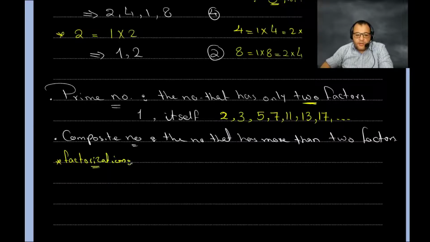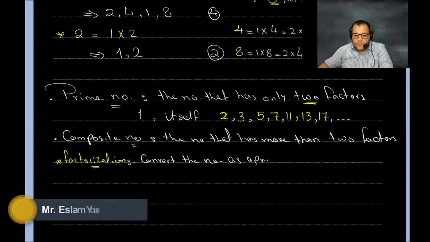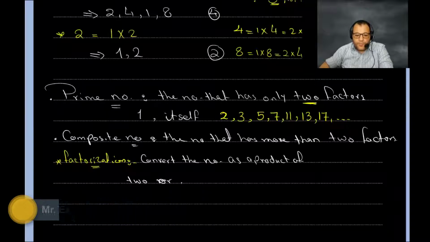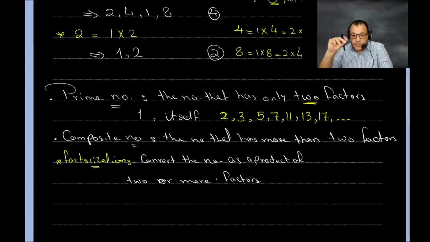Factorization means to convert the number, or rewrite the number, as a product of two or more factors.